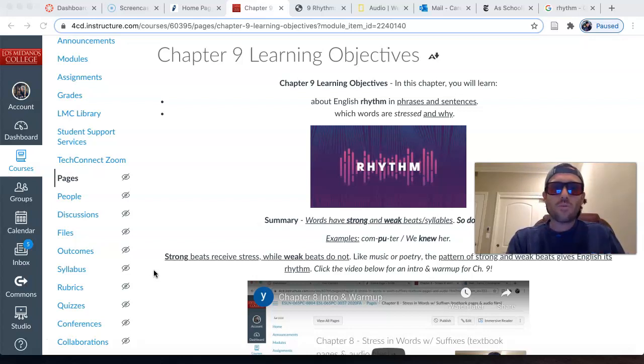And chapter 9 is kind of that culminating point where thus far we've gone through a lot of content in this course. We've talked about consonant sounds and vowel sounds. We've talked about how certain consonants make different sounds depending upon how it's written, correct? English is not always pronounced the way that it's written. We've talked about syllables, how the syllables are the building blocks in English, really in any language. We talked about word stress, which syllables are stressed.